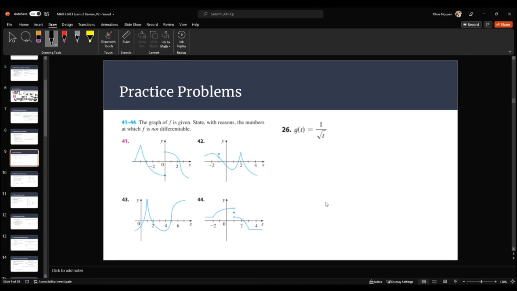Then for 26, we're asked to find the general derivative, so the derivative as a function. This is once again using the definition of a derivative.